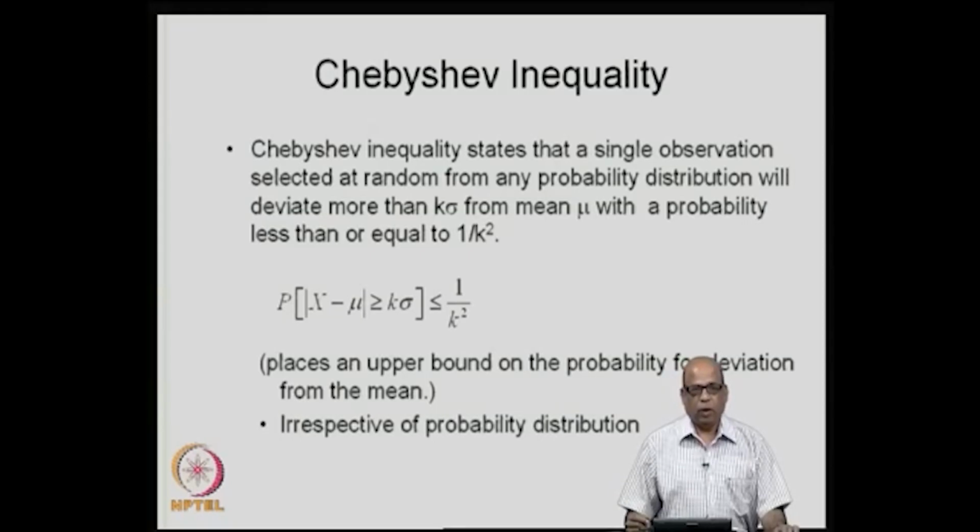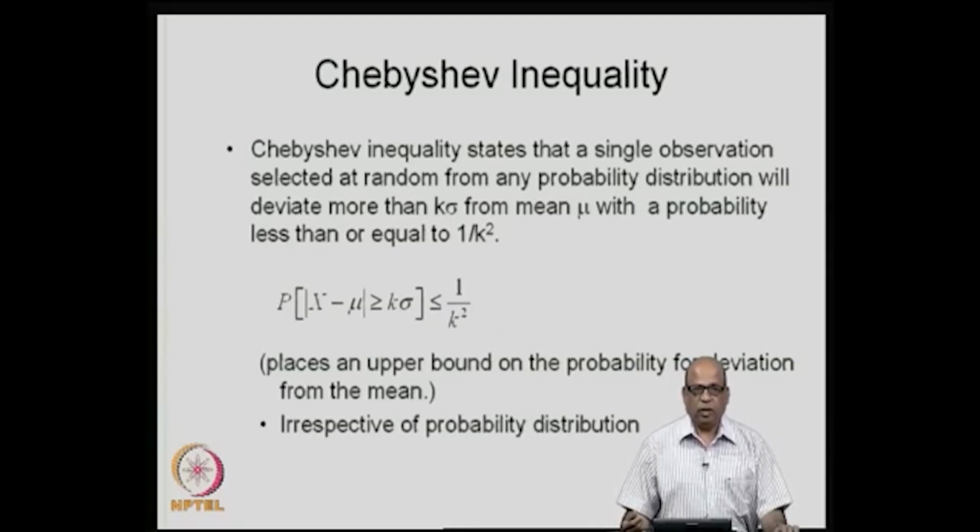So far we have been talking about probabilities associated with a given density function or a distribution function. Now, there will be situations where you will be interested not so much in the probability of a particular event itself, as in the deviations of that particular random variable, and you do not have information on the underlying probability density function or the probability distribution function.